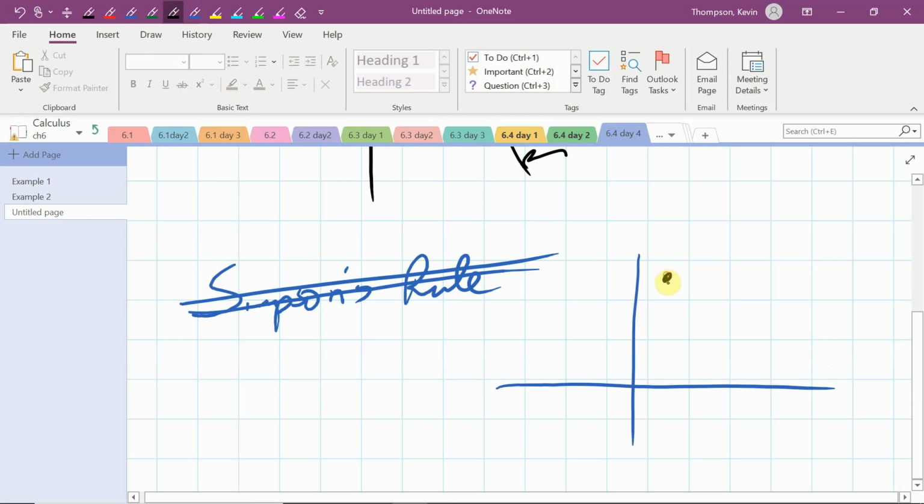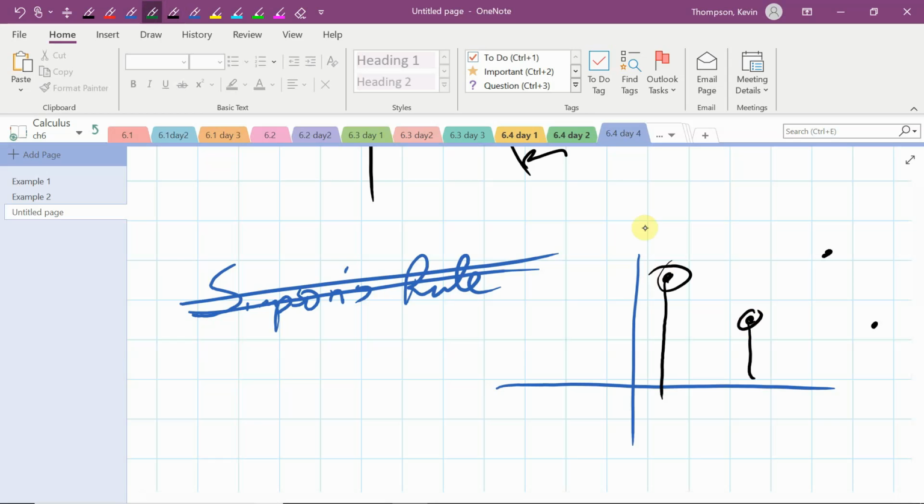But if we have points, trapezoids are easy, right? We can make trapezoids. We can find some area. What Simpson's rule says is this. Well, if I know that from here to here is a curve and not a line, why don't I construct some parabola between those points and find the area under that parabola for that little region?